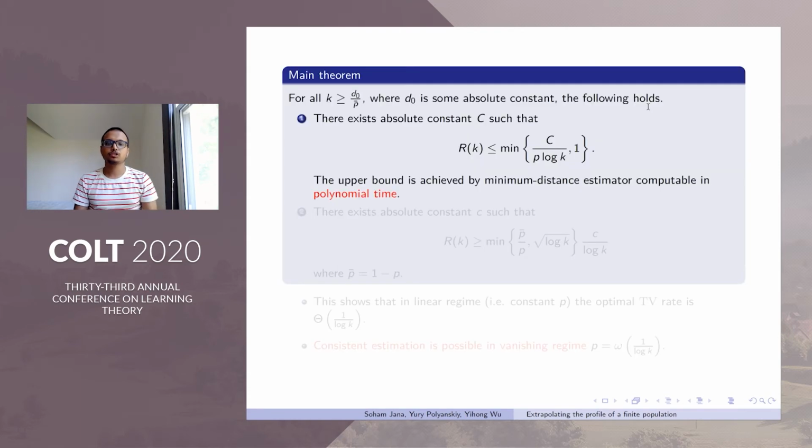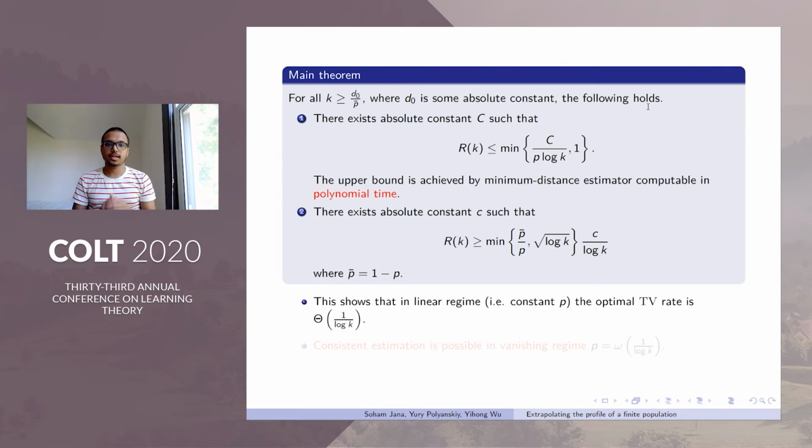So what is our result? We show that for large k and constant p, the upper bound on the risk is actually 1 over log k times some constant and is achieved by a minimum distance estimator that can be computed in polynomial time. We also show that for constant p, the risk can be bounded from below by 1 over log k times some constant.